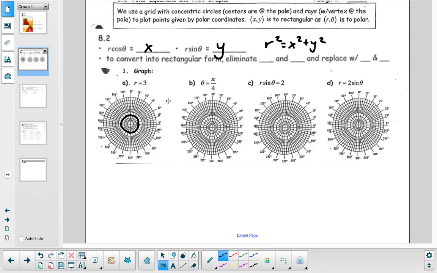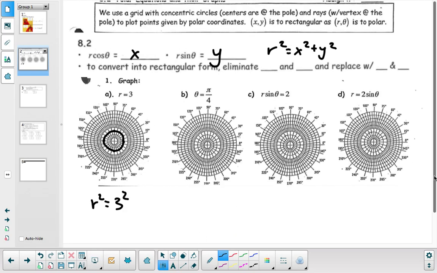But that seems kind of weird to make that jump. So if you aren't comfortable with that, we can change this into a rectangular equation. From here, it doesn't feel like you should be able to, but if I square both sides, it'll make more sense.